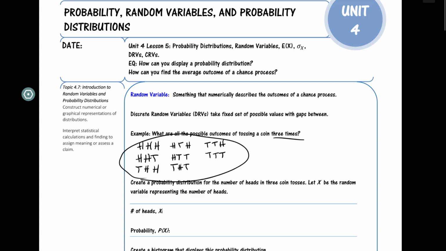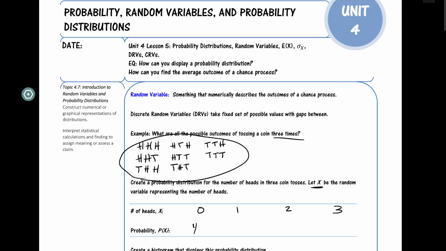Now this is going to be an important point. We're going to let X be the random variable representing the number of heads. And this is important because we want to see that capital letters are going to usually represent these discrete random variables like this, or any random variable really. So X is going to be the possible number of heads, and we know that they were 0, 1, 2, or 3 heads, and we want to write out the probability.